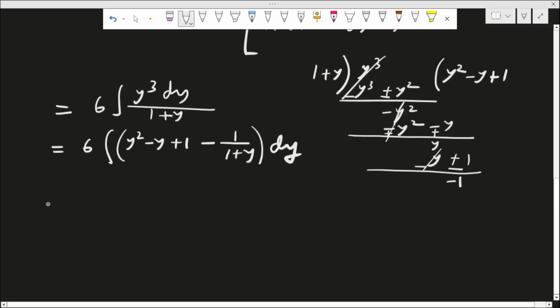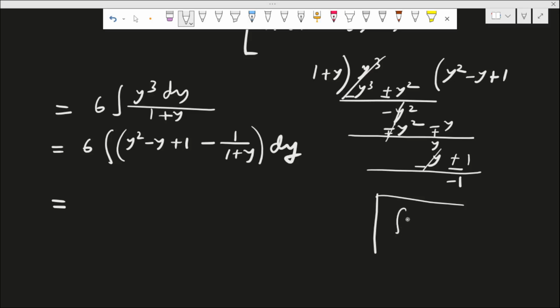Now integrate term by term. We will use the formula: integration x to the power n dx is x to the power n plus 1 by n plus 1 plus c.